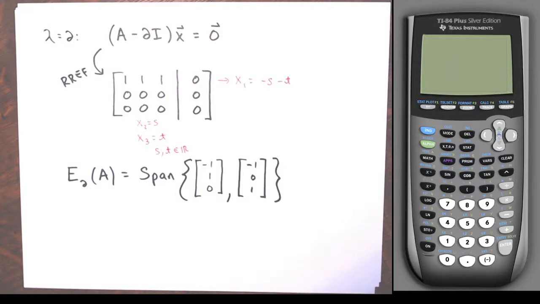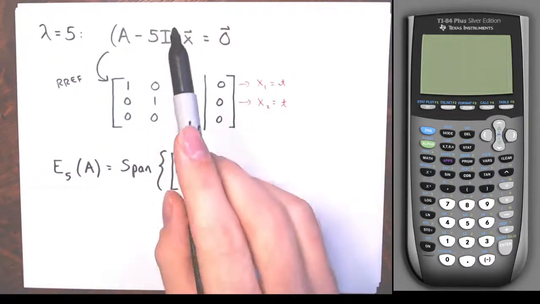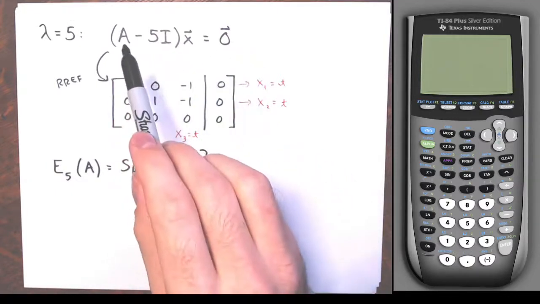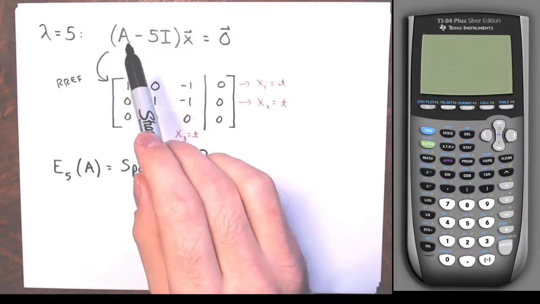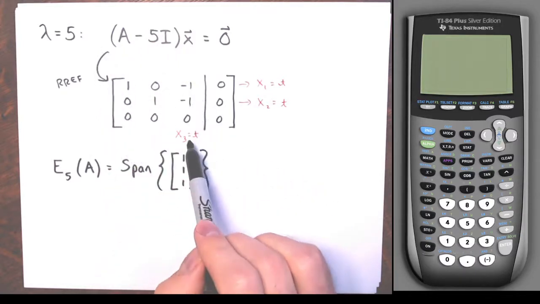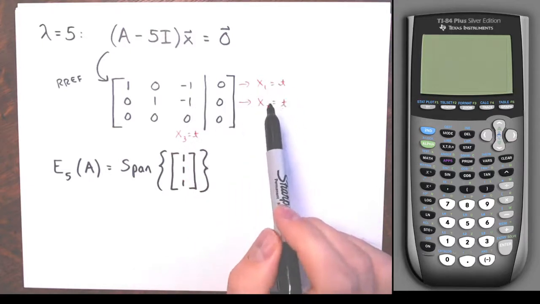Then for lambda equals 5, I was solving A minus 5I times x equals 0. Just subtract 5 from all the diagonal entries of A and put it in reduced row echelon form. There was only one free variable this time, so I just called it t, and each variable would have been equal to t.